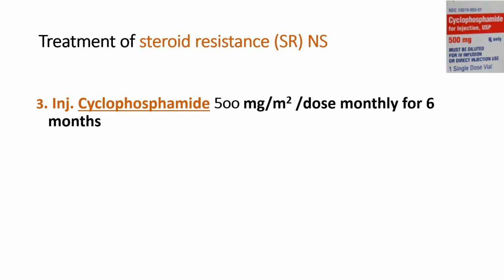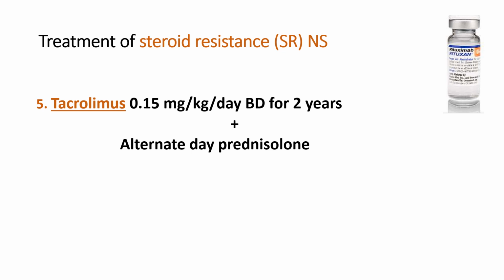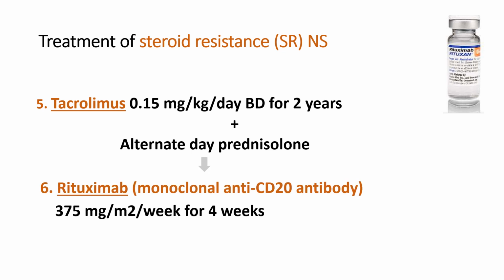But we have to monitor for the side effects. If not responded to this, then we have to start the cyclosporin, same dose as said previously. Then if not responded to cyclosporin also, then we have to start the tacrolimus, similar dose as in previous.